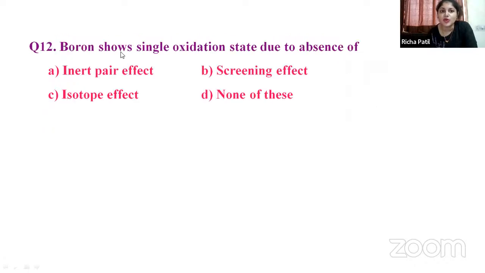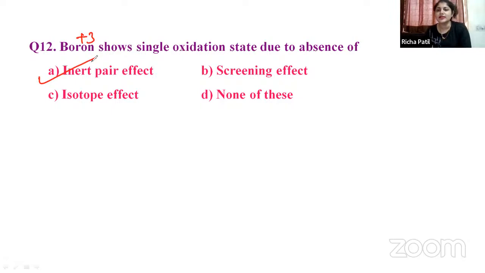Next, boron shows a single oxidation state due to the absence of what? It shows only a single oxidation state, that is +3, right? What is the reason? Yes, Abhishek, it is A, the inert pair effect. The electronic configuration of boron is 1s2, 2s2, 2p1.